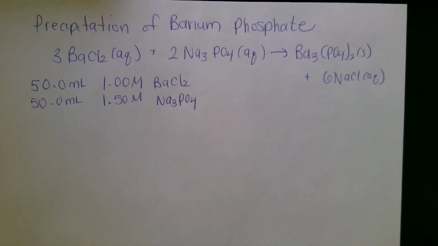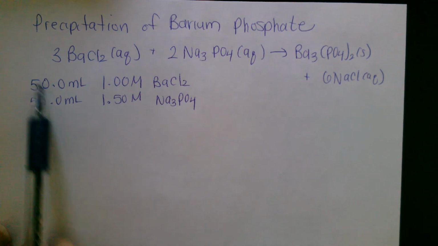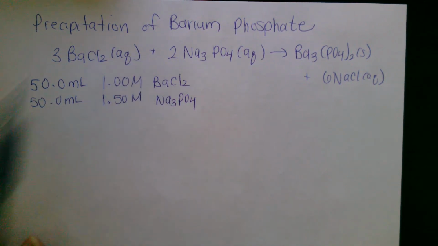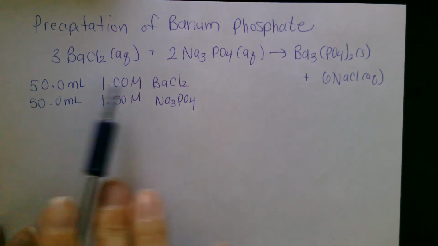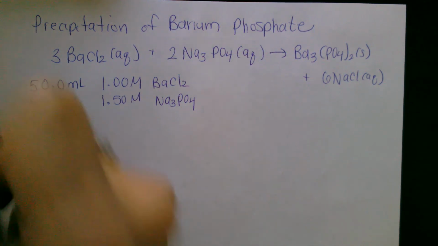Again, we want to know what mass of barium phosphate is going to form. So I need to figure out which one of these is my limiting reactant and which one is my excess reactant. We'll start with our barium.